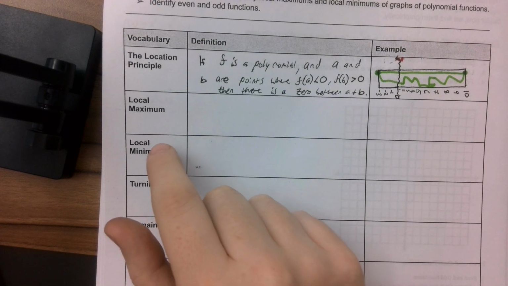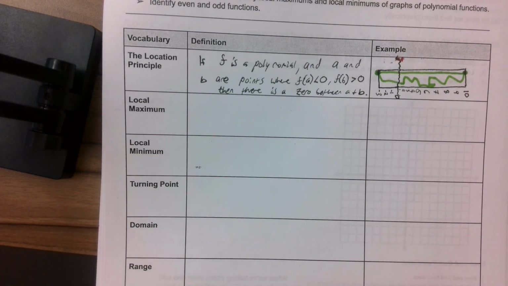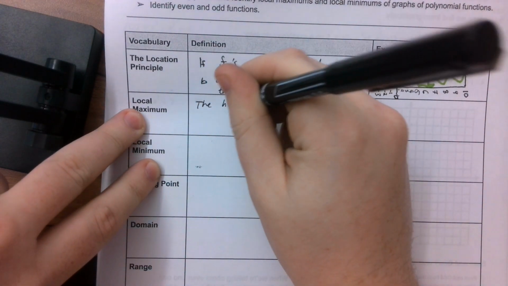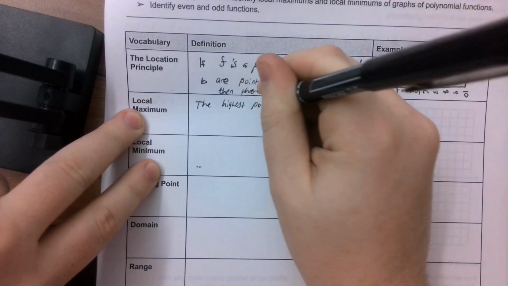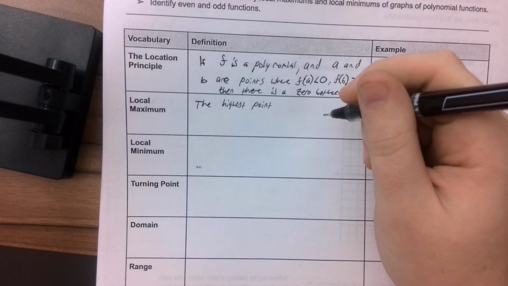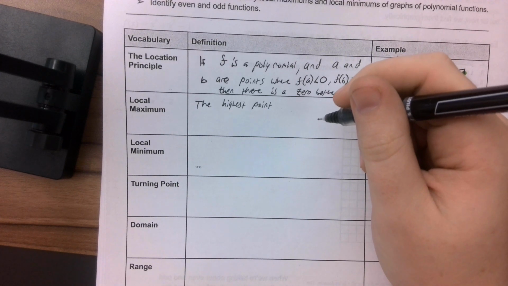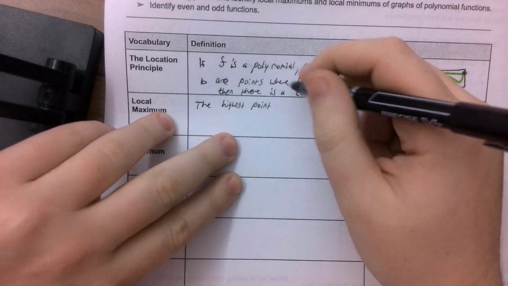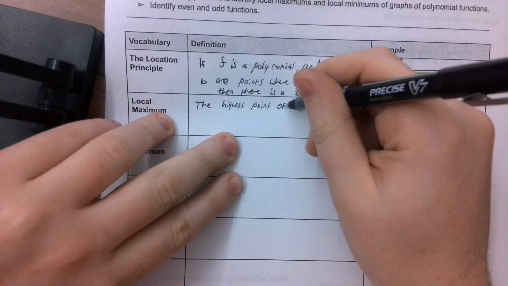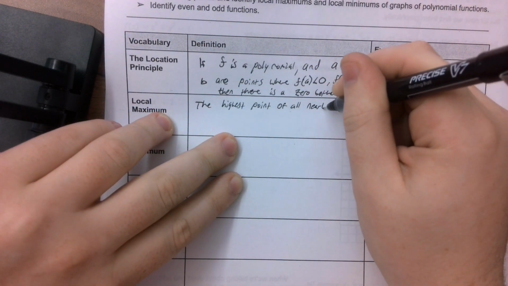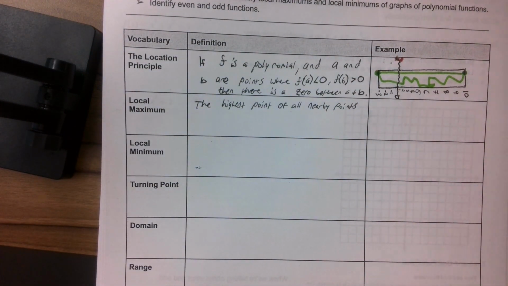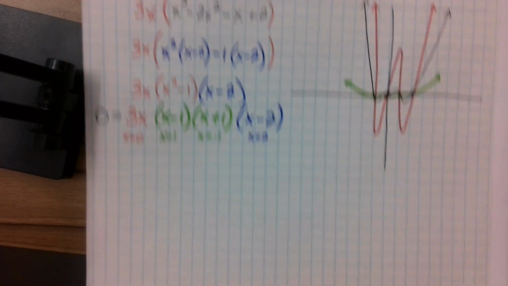A local maximum is a hill, basically. It is the highest point in a region of nearby points. So we'll say the highest point of all nearby points. If we look at the red graph, we see that there's no total maximum.